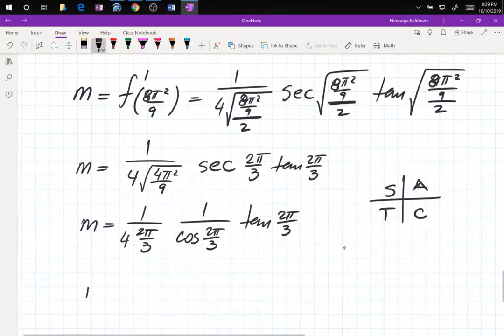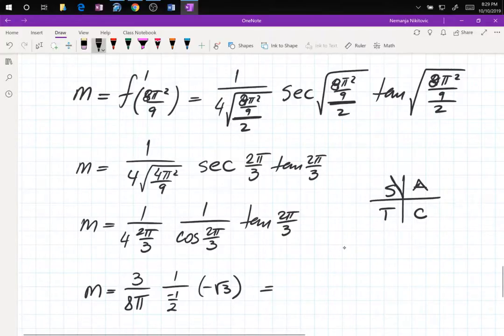And now we go m equals 3 over 8 pi. Cosine of 2 pi over 3 is here, so it's -1/2. So 1 divided by -1/2, and then tangent of 2 pi over 3. Tangent of pi over 3 is root 3, so -√3.